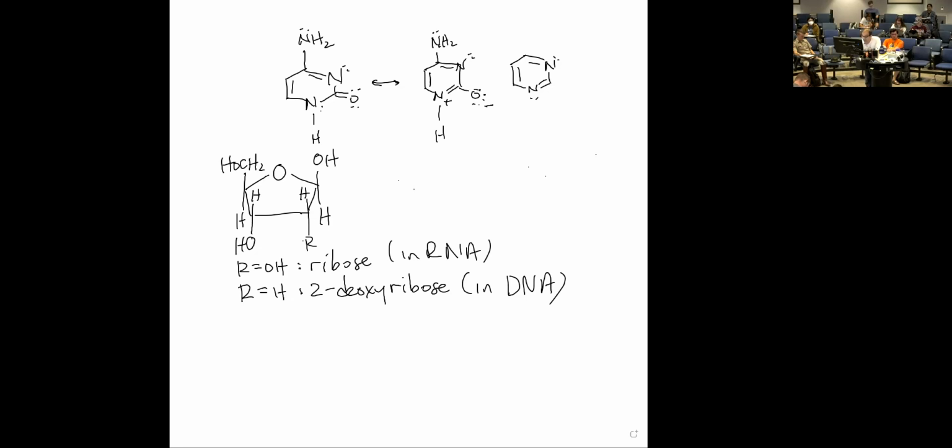So, let's start by drawing a nucleoside or two. It doesn't matter what you start with, but I'm going to start by drawing my ribose.